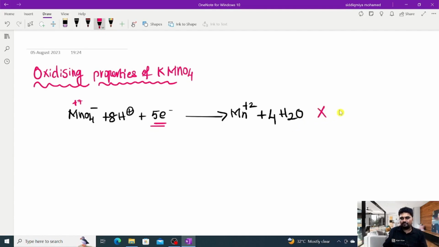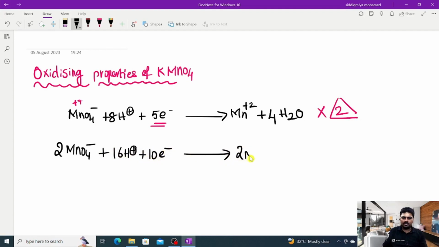Sometimes 10 electrons will come, and then you have to multiply by 2: 2 MnO4 minus plus 16 H plus plus 10 electrons gives 2 Mn plus 2 and 8 H2O.